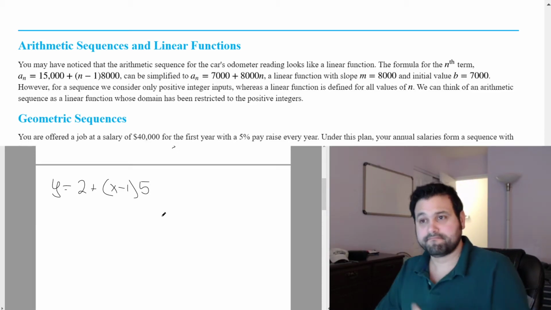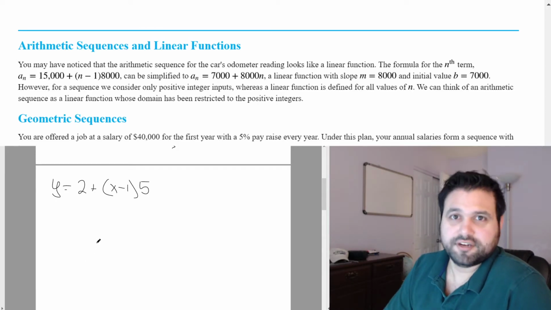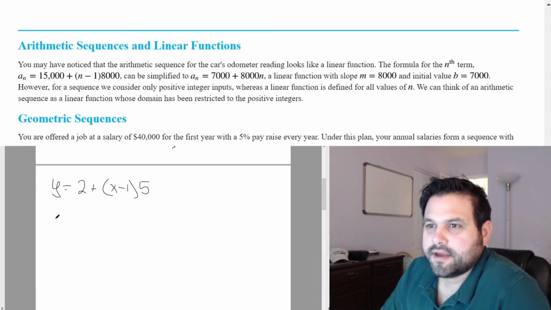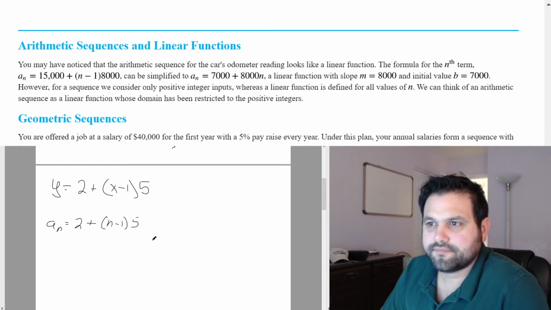That's a linear function, just written a little differently. And then let's take this sequence, a sub n equals 2 plus n minus 1 times 5.